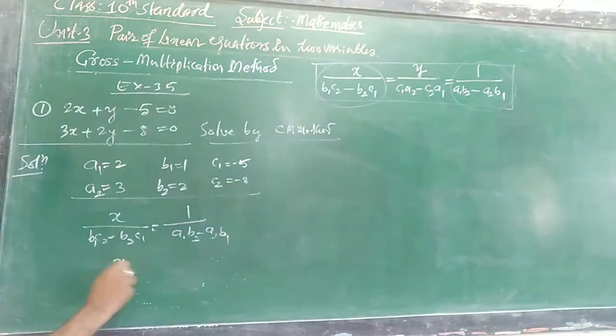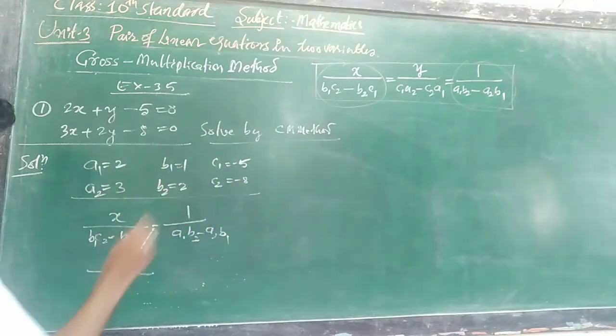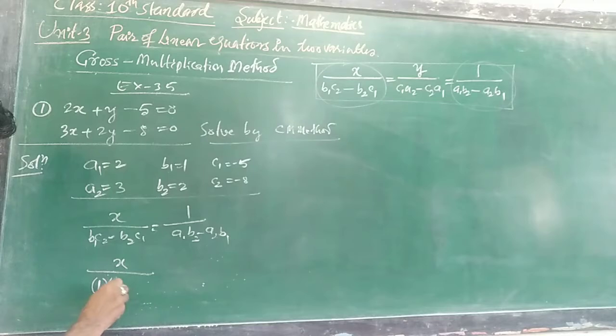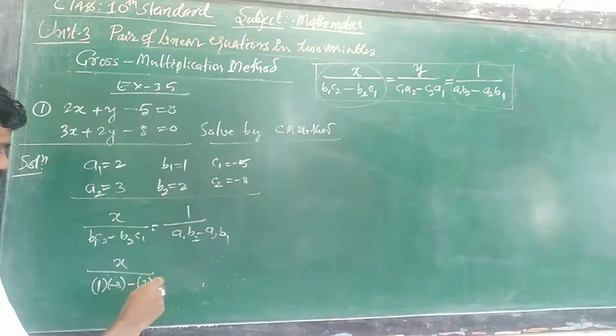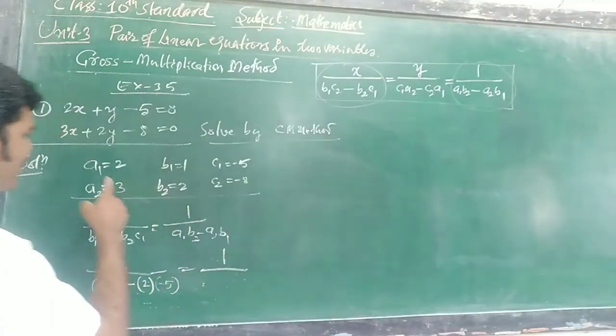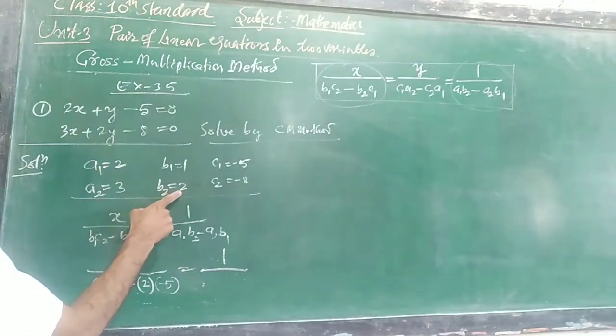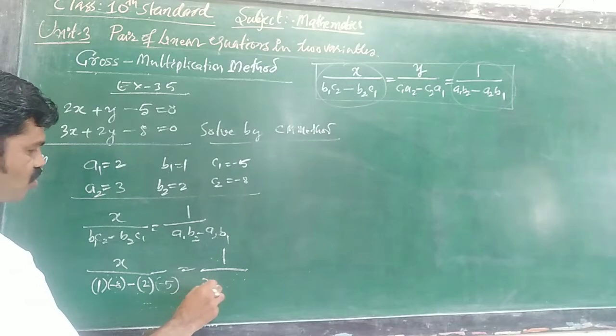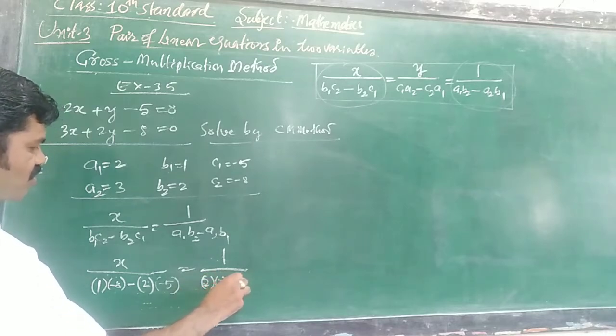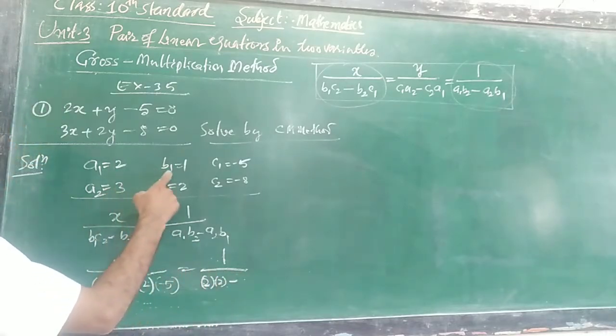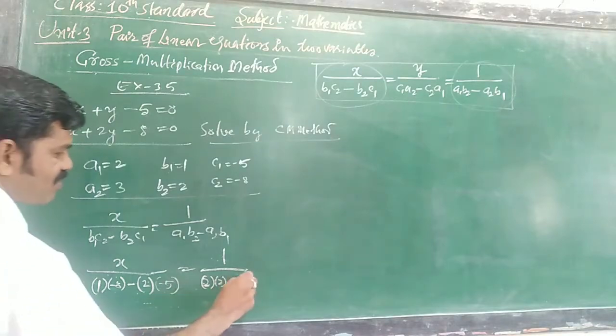See here, x divided by: b1 is 1, c2 is minus 8, minus b2 is 2, c1 is minus 5, equal to 1 divided by a1 b2, that is 2 multiplied by 2, minus a2 b1, 3 multiplied by 1.